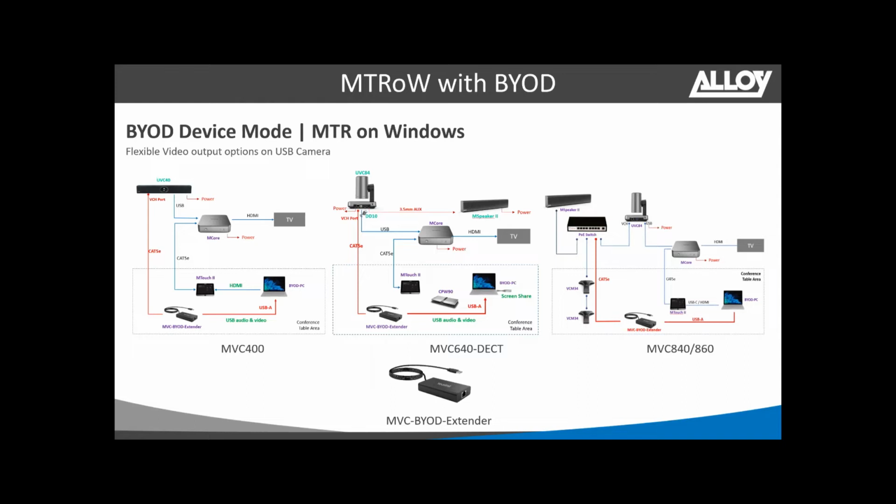What this is effectively doing is switching the USB connection away from the MTR solution and then passing that USB connection back to the PC that we're using to run whatever VC application we want. The way this works is the MVC BYOD extender will connect back to the MTR solution.